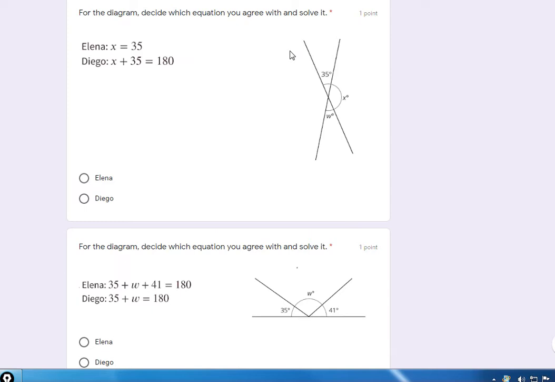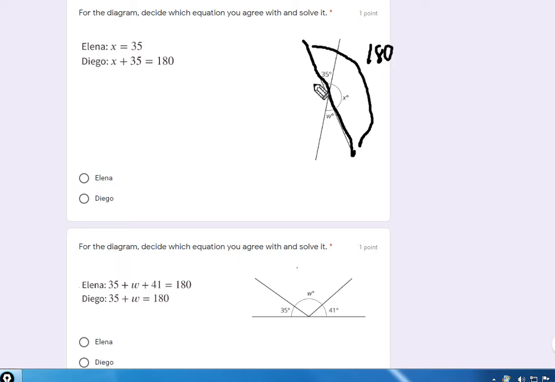For the diagram, decide which equation you agree with and solve it. So it says x equals 35, and Diego, x plus 35 equals 180. So we know that this is a straight line, and a straight line, this entire thing from here to here, is going to be 180 degrees.